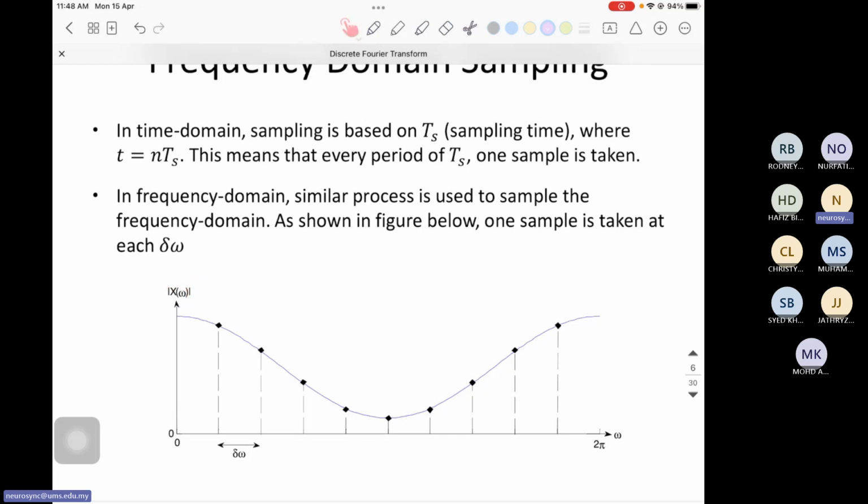Now suppose I want to sample these continuous frequency values. The sampling we take is at each delta omega interval. This delta omega is nothing but 2 pi by capital N.